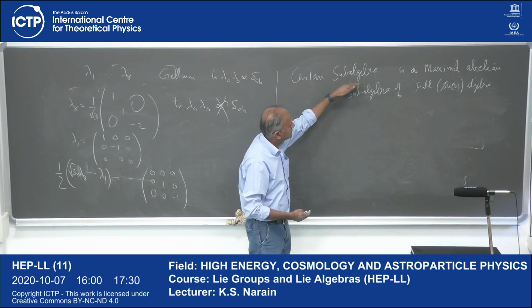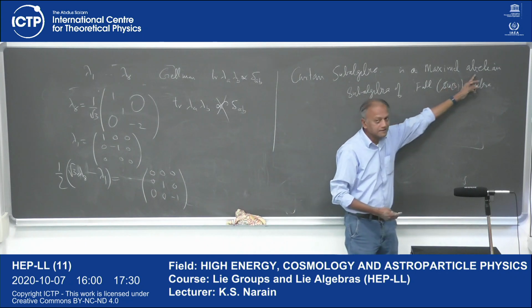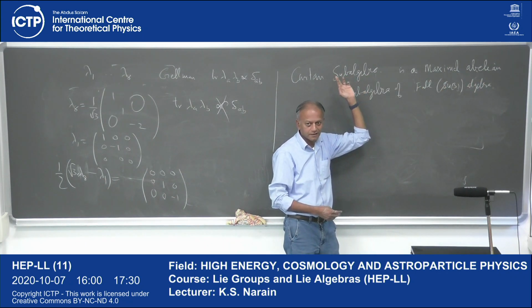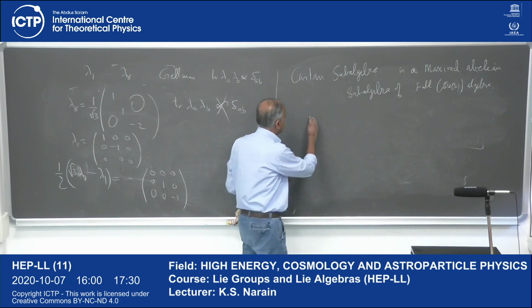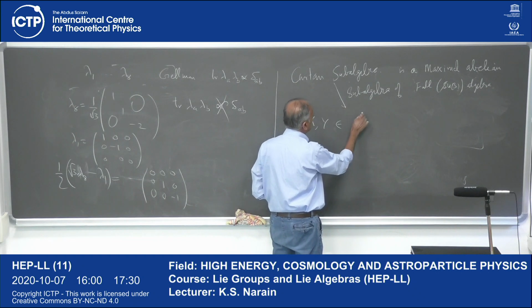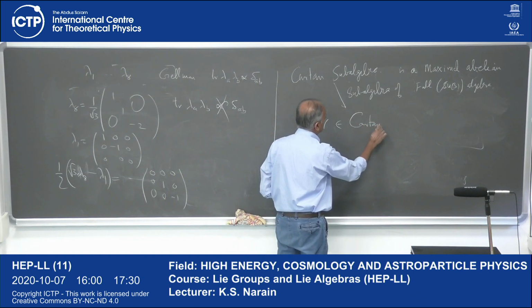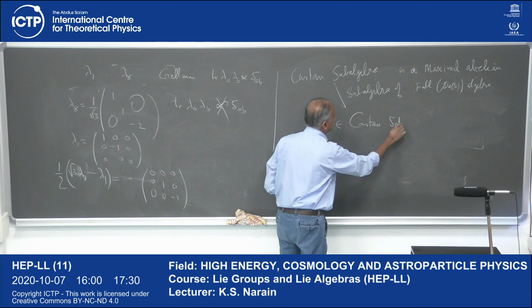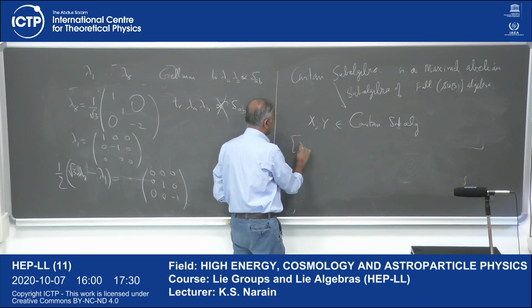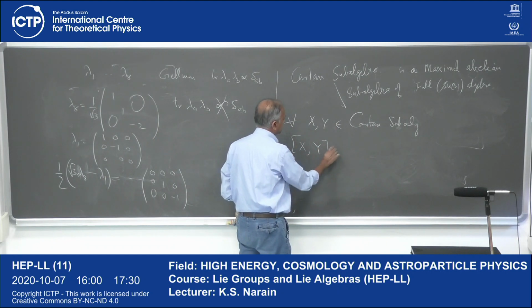But in fact, in this case it's more trivial because it's abelian. Therefore all the commutators must be 0 here, right? So if x and y belong to the Cartan subalgebra, then the commutator of x and y must be 0.